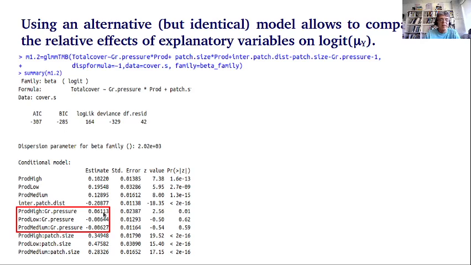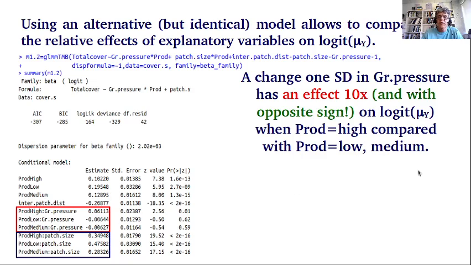Here, these are directly the slopes, not the differentials with respect to the reference value. From this, we see that changes of one standard deviation of grazing pressure have a tenfold higher effect and different signs when productivity is high compared to when productivity is low and medium.